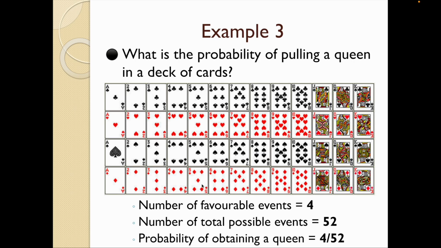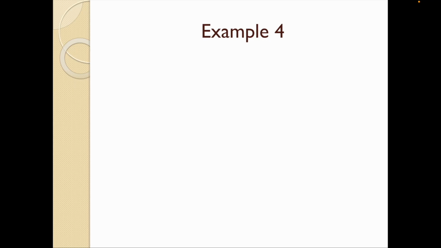So that's how we get 4 out of 52. Does that make sense? Yeah, I follow that.